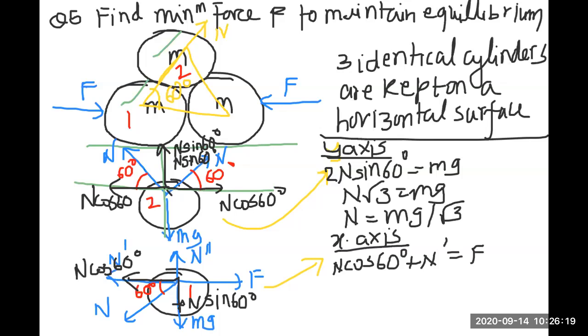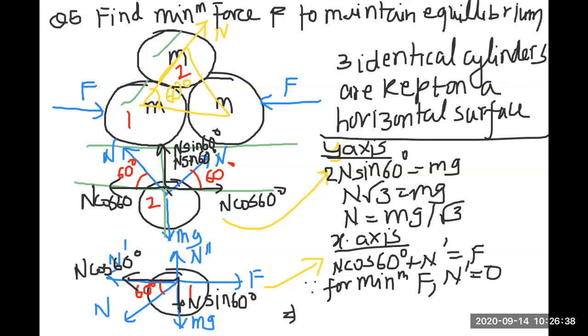Right, but we have been asked for minimum f. So for minimum f, n dash should be equal to 0.